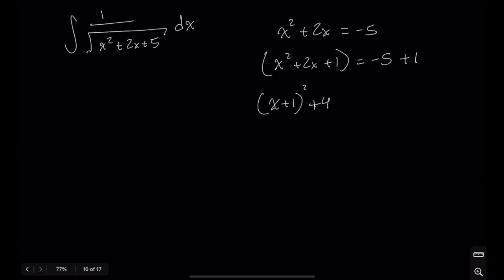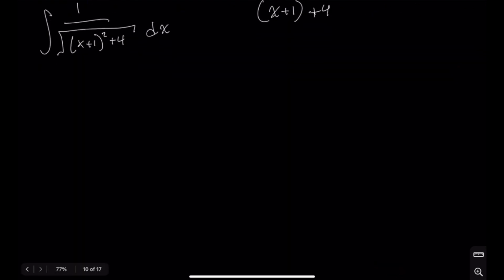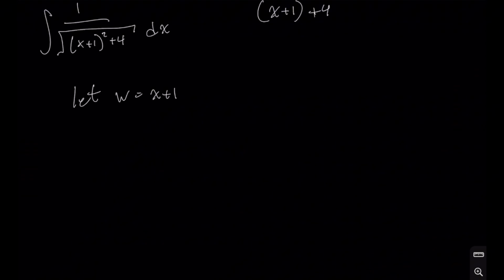Okay, so now we can rewrite the entire antiderivative as this completing the square version. And I'm going to do one more trick before we start solving this integral. I don't like the x plus 1 because it looks more complicated like that. So I'll use a substitution. I'll let w equal x plus 1. And then dw/dx is 1, right?